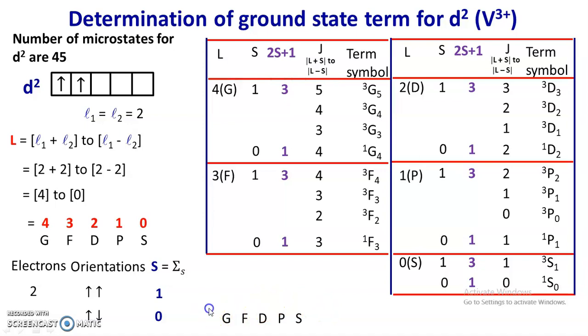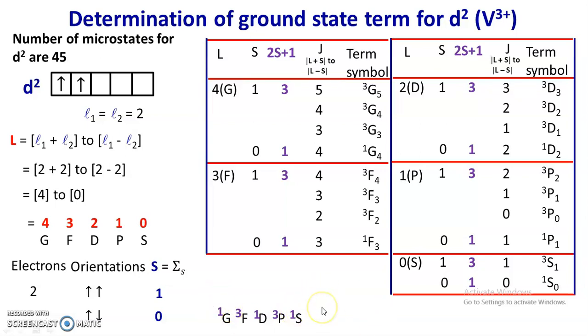Start from any side. So this is singlet, this is triplet, singlet, triplet, and singlet. These terms are allowed as per the selection rule. So considering restrictions of ML and MS values, these are the allowed terms.